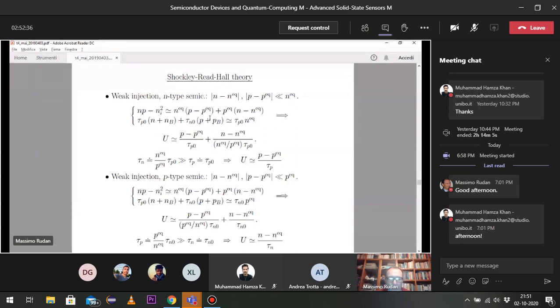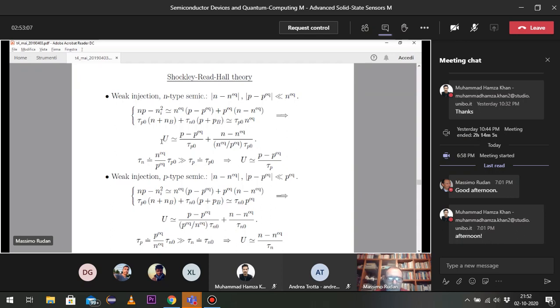And N is also much larger than PB, because PB is similar to Ni. And the lifetimes are similar, okay? So of the four terms in the denominator, only one survives, the first one, and we approximate N with N equilibrium because of this inequality here, okay?